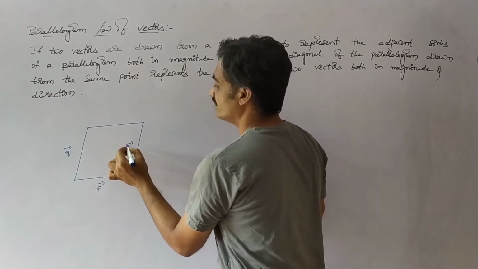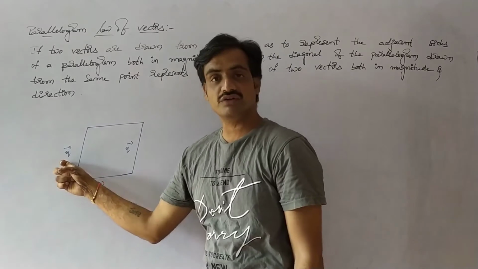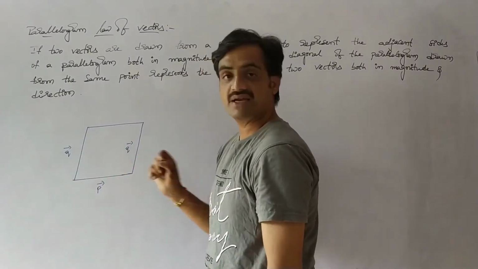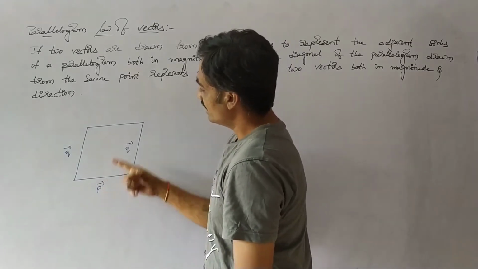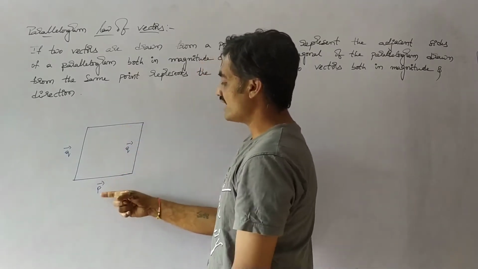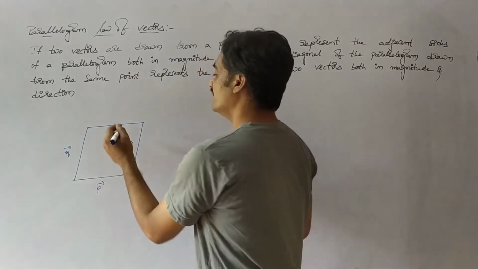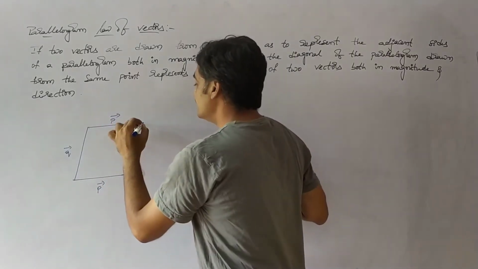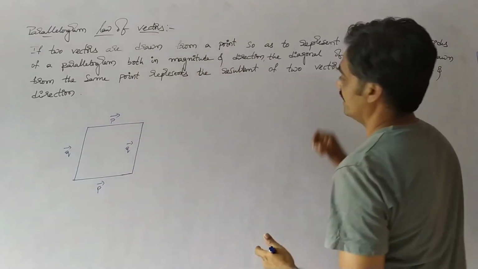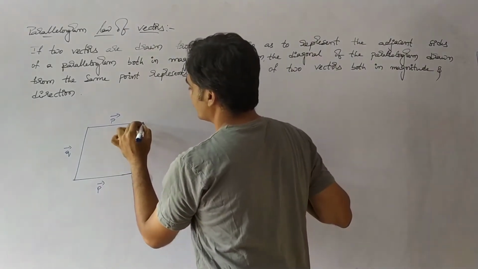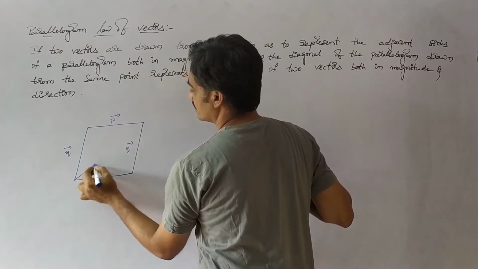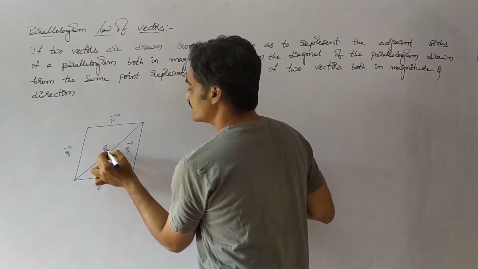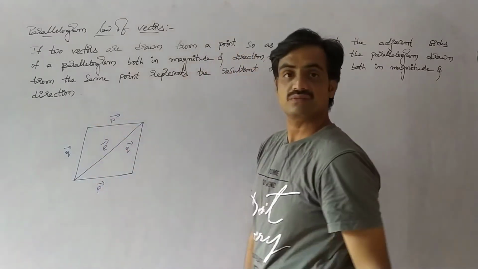This vector has a magnitude of q, and since it is parallel, the opposite side also has a magnitude of q. In the same way, these two vectors are parallel, so as the magnitude of this vector is p, the magnitude of the opposite vector is also p. The resultant is given by the diagonal line, so we draw the diagonal from the starting point, and this diagonal line represents the resultant.